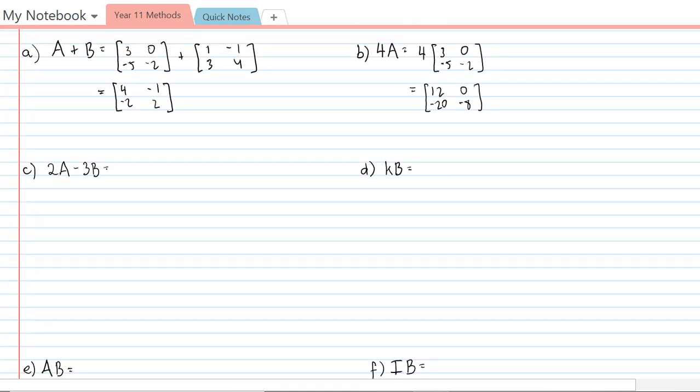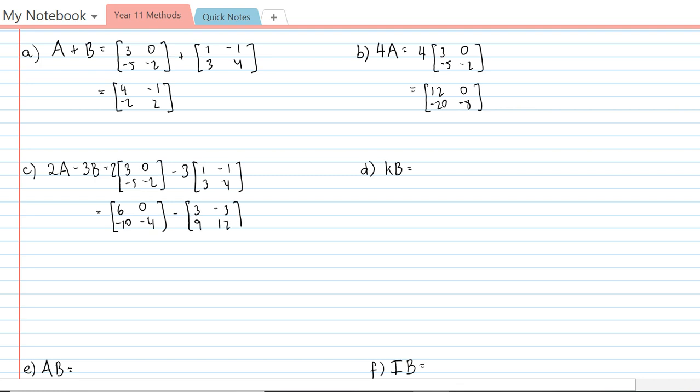2A take 3B. Rightio. Slightly more complicated, so 2 times the matrix A minus 3 times the matrix B, and we evaluate. So multiplying first, it's going to give 6, 0, -10, -4 minus 3, -3, 9 and 12.